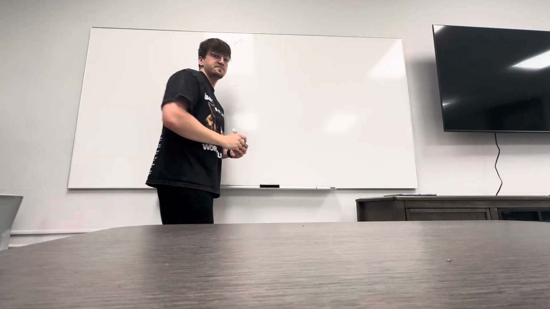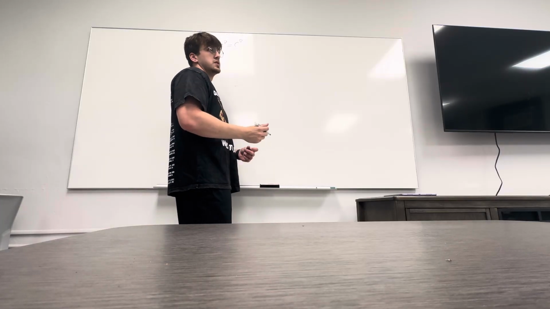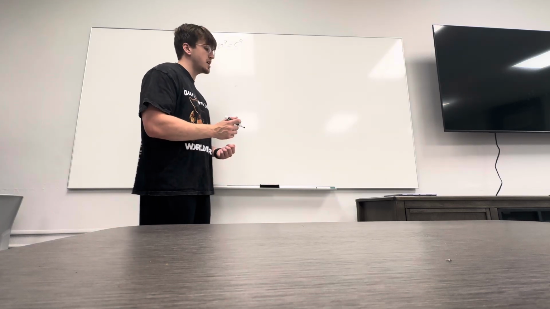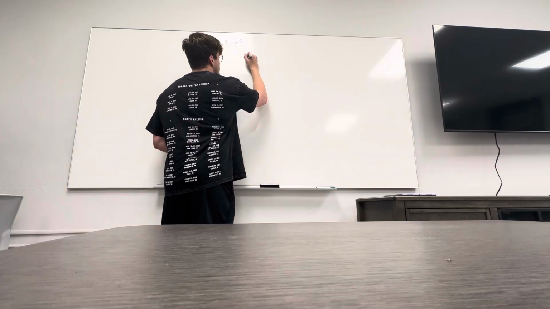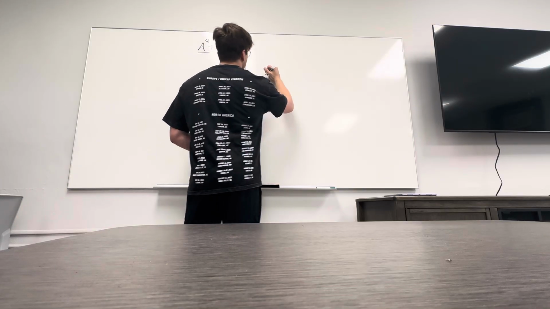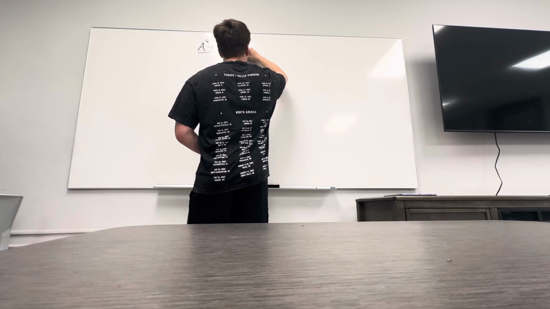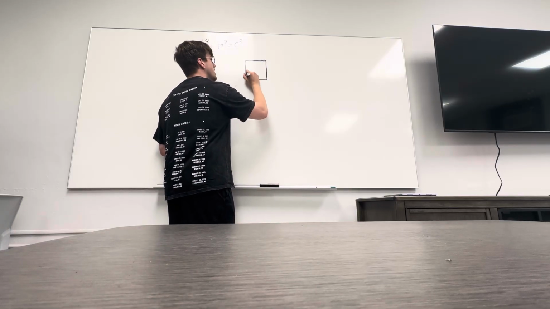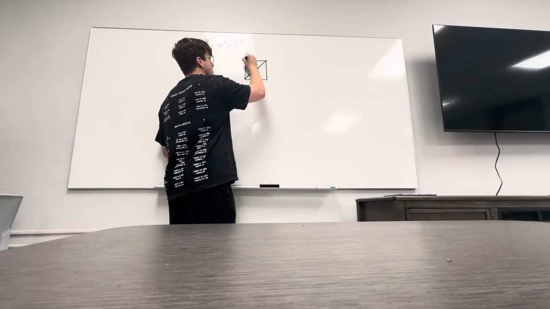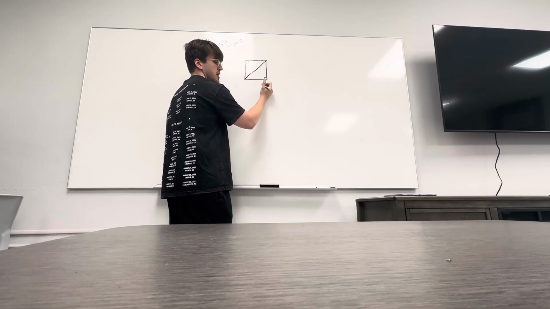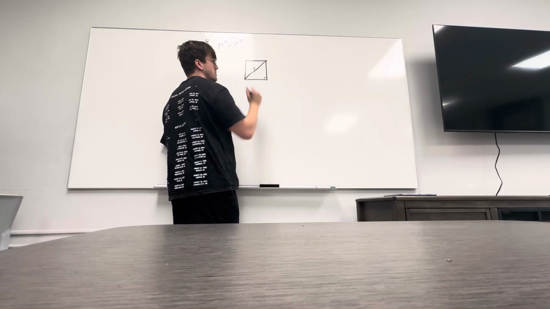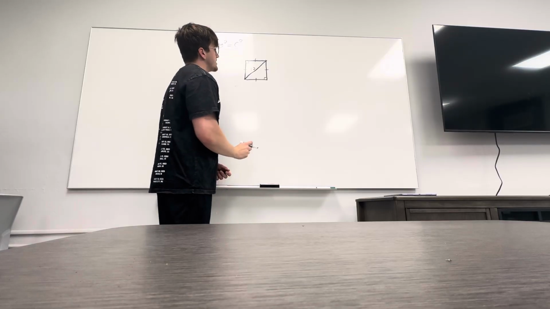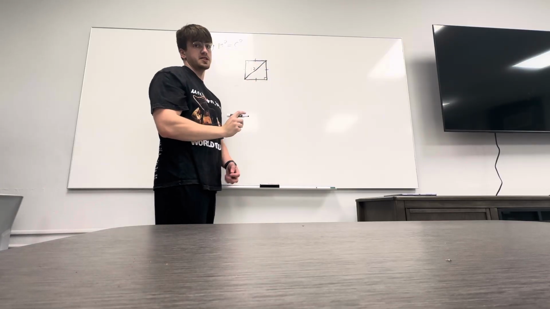Okay. So the Pythagorean theorem is for triangles, but you can use it in other shapes as well. So for example, if we have a square, and you know the diagonal length is 12, and you know all these sides are the same, and let's say you want to find the length for one of the sides.